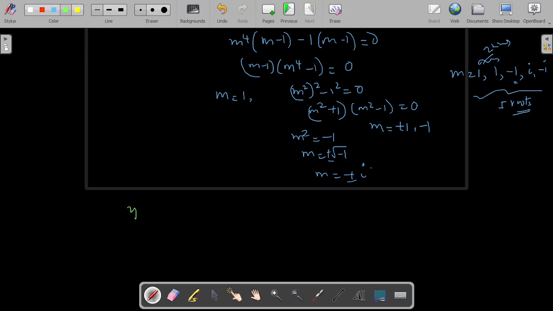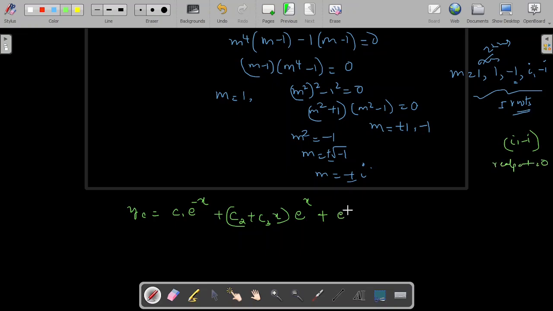So y equal to c1, distinct roots write first, e to the power minus x. Okay, distinct real, plus, now 1 is repeated, (c2 plus c3 x) into e to the power x. Okay, plus i and minus i complex. So it is having real part equal to 0.